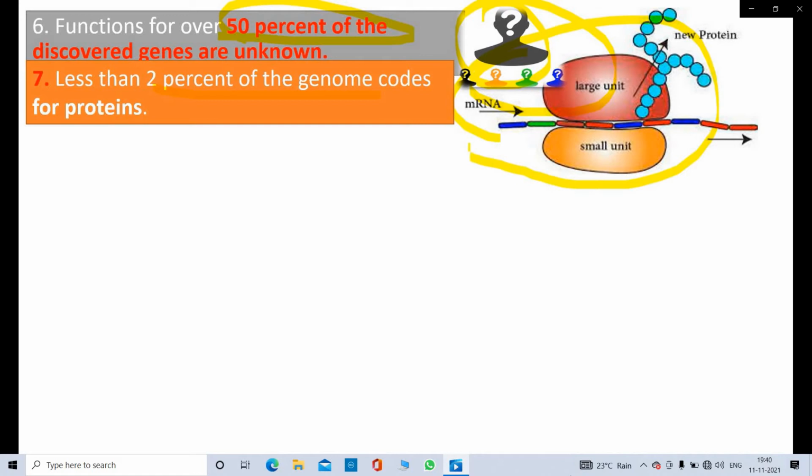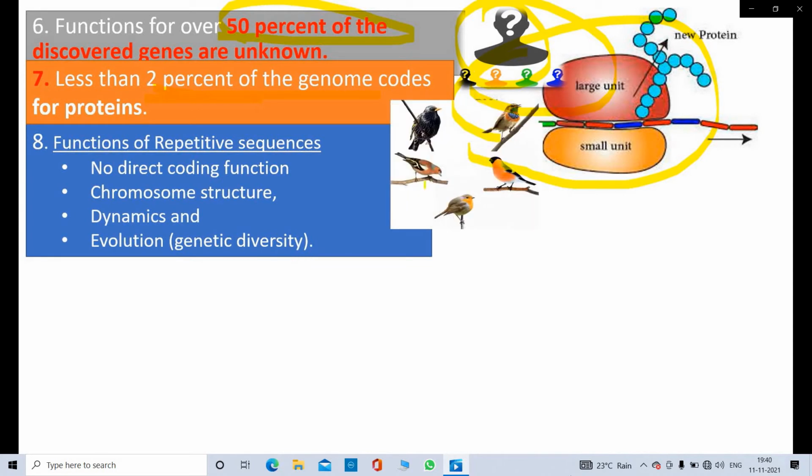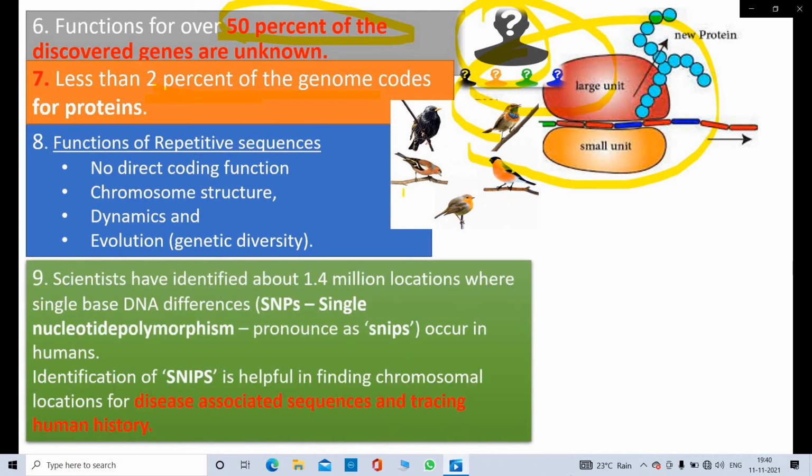You know very well how protein synthesis takes place, and only 2% is involved in that. And next one, functions of repetitive sequences. There is no direct coding function. Chromosome structure, dynamics and evolution are the repetitive sequence functions, and here the genetic diversity plays a very important role in evolution.